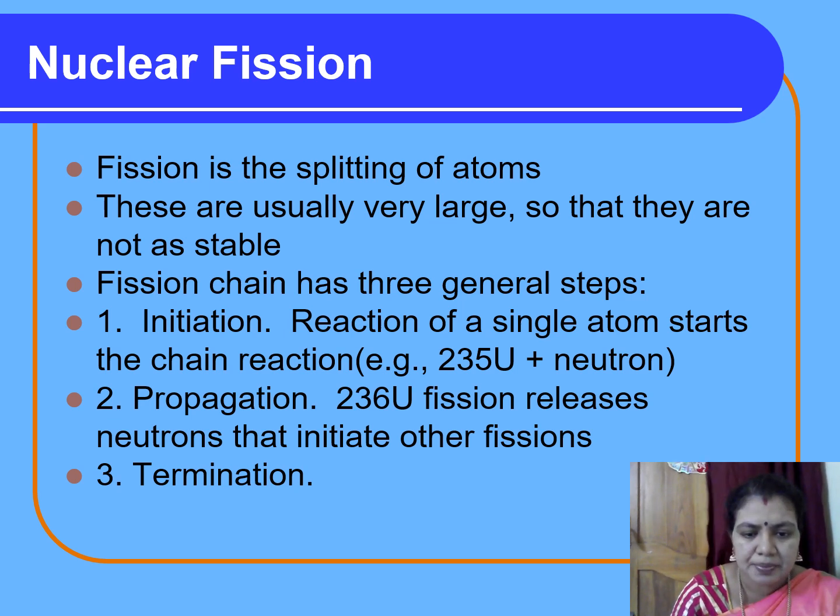The second step is the propagation, where there is an unstable nucleus which is uranium-236, and this unstable nucleus releases the neutrons that initiate other fissions via the fragmentation of itself. And the third step is the termination, where an enormous amount of energy is released.